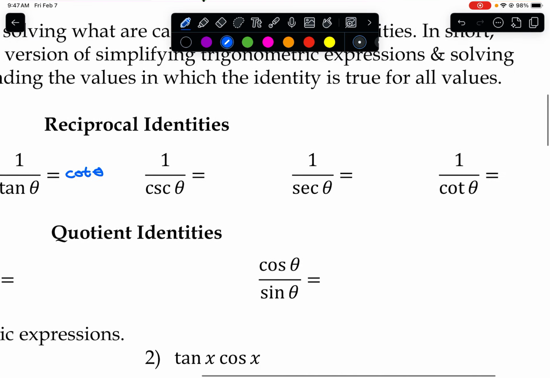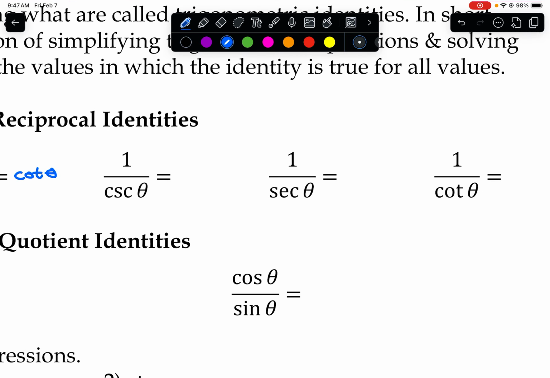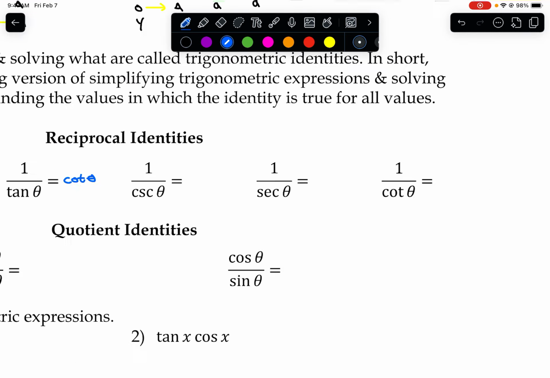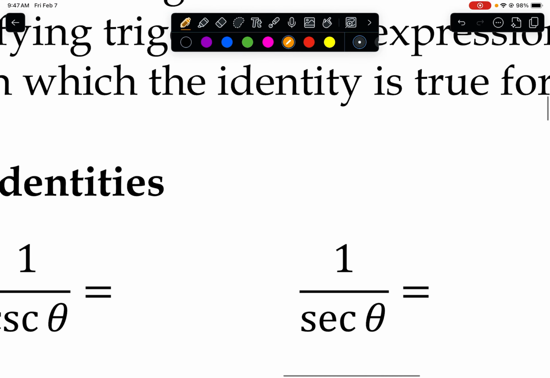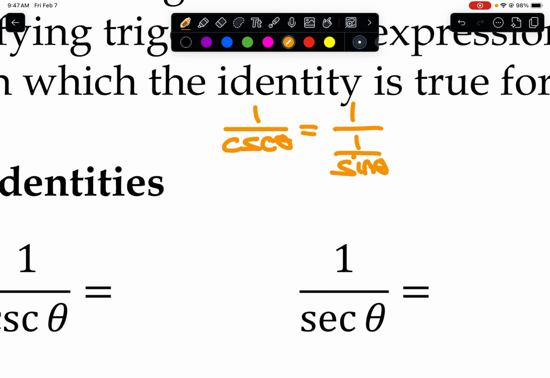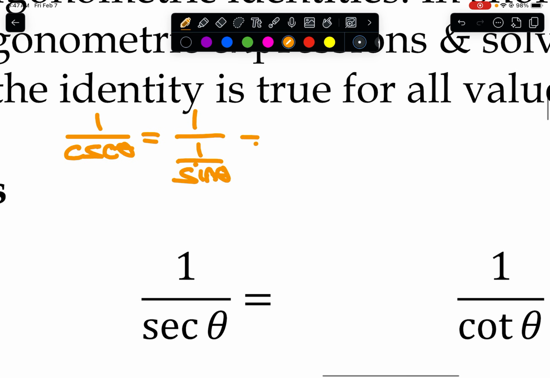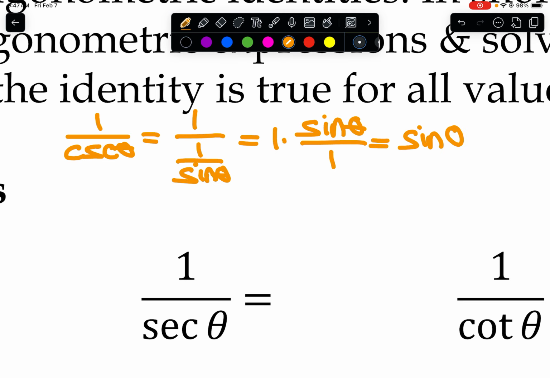And then over here, now we're going to do a reciprocal of the reciprocal. I'm going to do this one off to the side just to show you what we're doing. If I have 1 over cosecant of theta, this is the same as doing 1 over 1 over sine theta. When I divide by a fraction, that's the same as multiplying by the reciprocal. So 1 times sine theta over 1, which is sine theta.